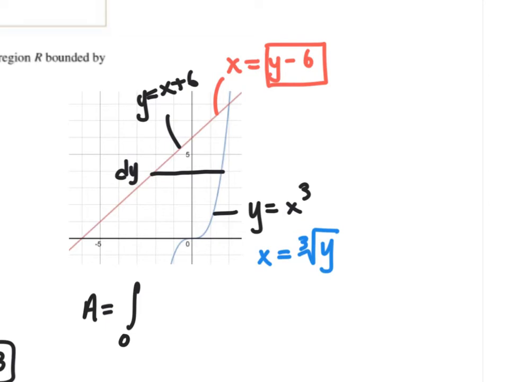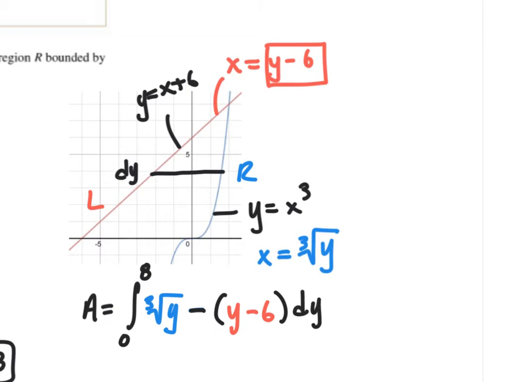So from 0 to 8, and I want to go right minus left. So this is my right function, and this is my left function. So I would do the cube root of y minus the entire function y minus 6. And remember guys, I'm integrating this with respect to y, so this is dy.